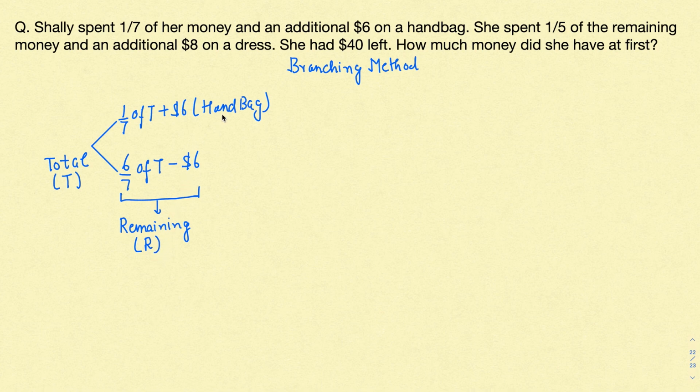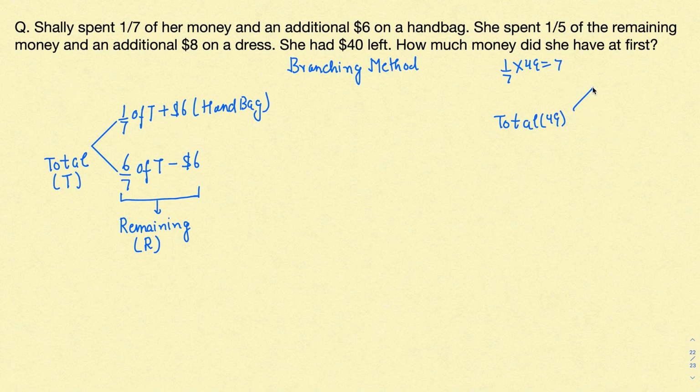For those who have problem understanding how it's happening, let's take an example. Let's say Shally is having a total of $49 with her, and out of this $49, she spent 1/7 of her money plus another additional $6 on the handbag. So 1/7 of 49 will give you 7.